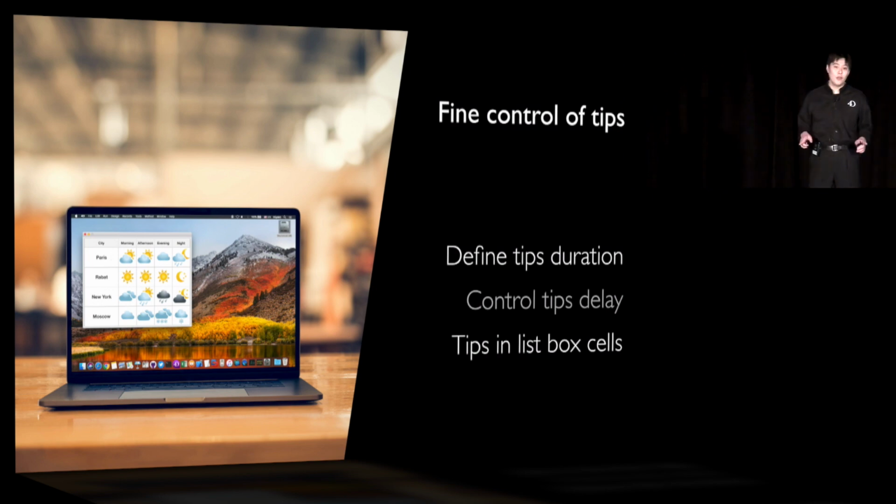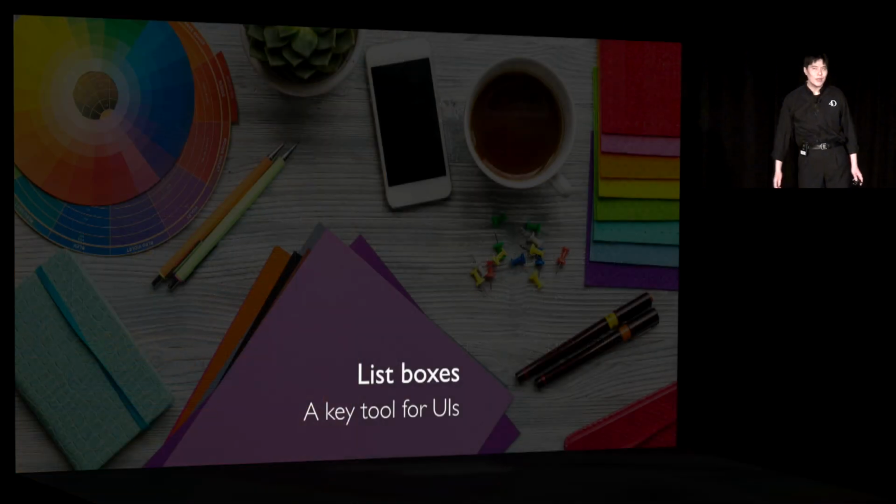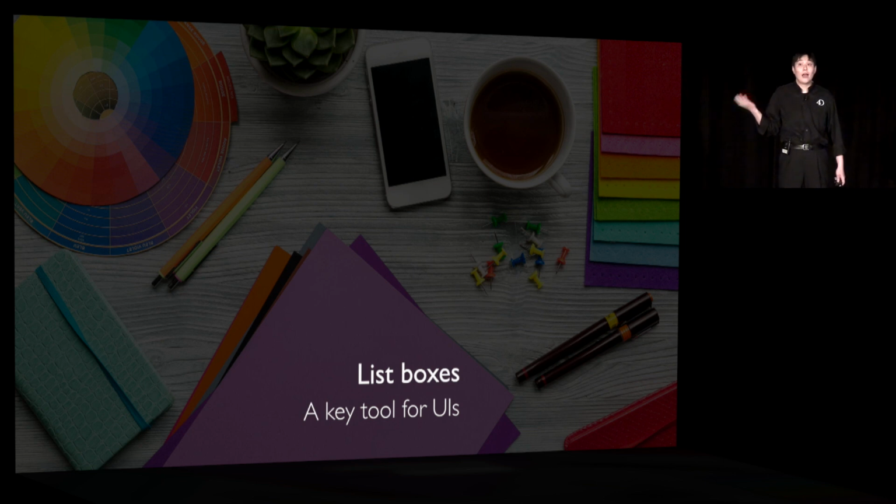Now, I want to spend a few more minutes to focus, actually, on list boxes. You see, every new version since V11 has added a new practical feature related to the list box object, and our latest R releases are no exceptions. As we just saw in the previous section, you can now define help tips for each cell if necessary.